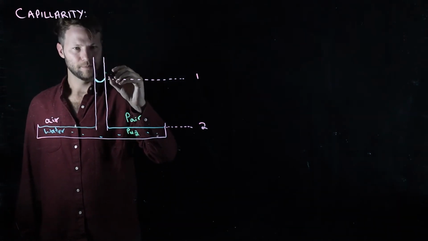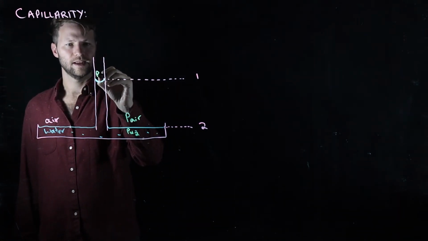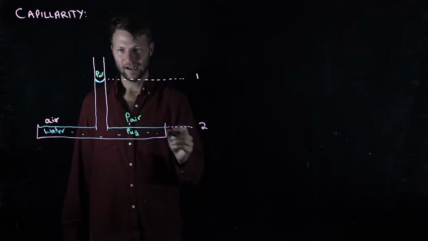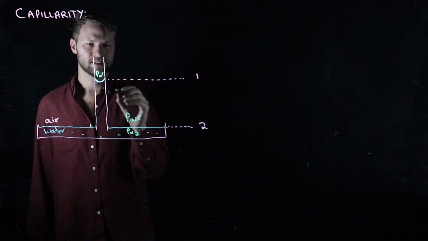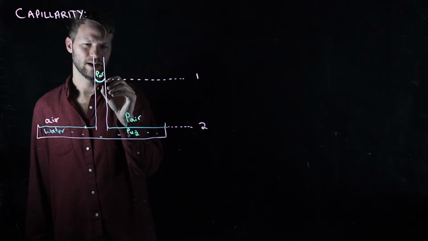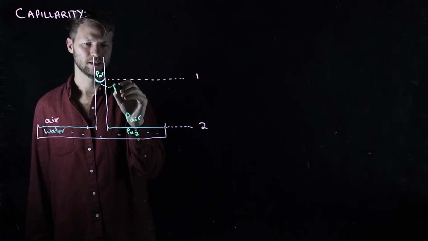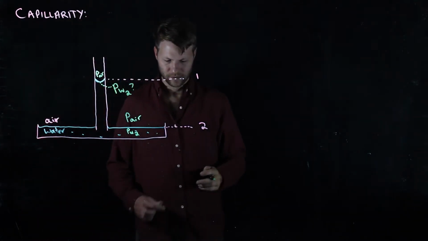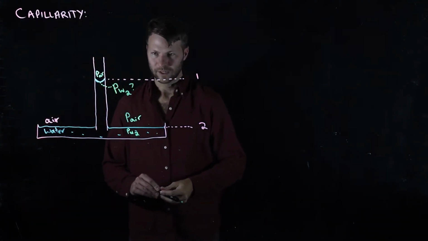We also know that up here, inside the tube, we're at air pressure, right? And the question that I want to know is, what is the pressure of water right here under this curved surface? And I'll call this PW1.